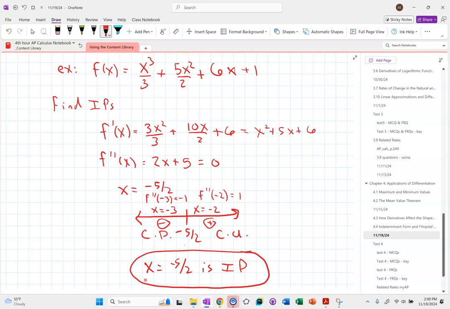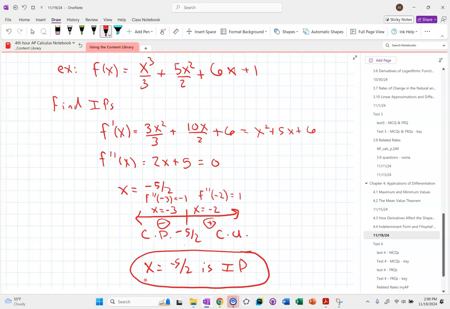So I would expect at least one of my free response questions to be like, here's a function, find its critical values, where it's increasing and decreasing, whether those are local mins or maxes, find the inflection point, where it's concave up, concave down. That screams free response question, right?